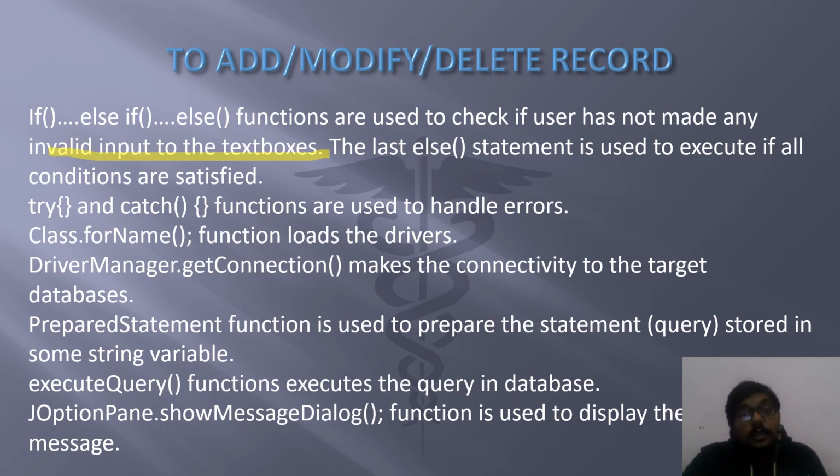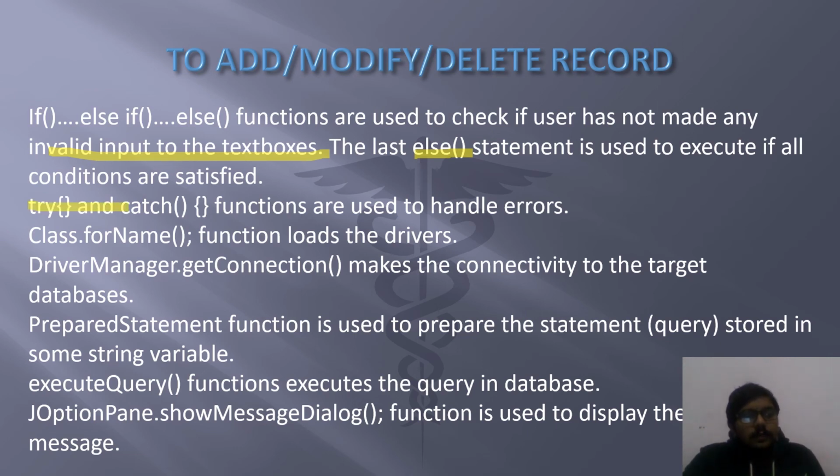That means it checks whether the user is leaving a text box empty or entering invalid information, or, if it must be numeric, entering some text there. All these conditions are checked in the if-else statements. Then the last else statement is used to execute the actual function that should be done on the input entered by the user in the text box.